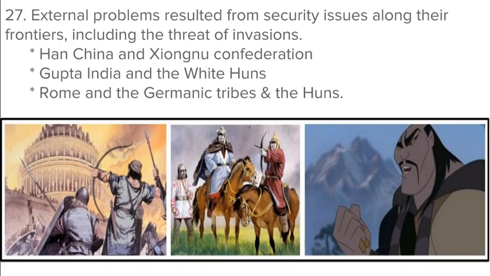So, for example, the Chinese are going to be attacked and constantly fighting and eventually invaded by the Xiongnu, right, which are these nomadic people from Central Asia. The Guptas will be attacked and overrun by the White Huns, and the Huns, along with the Germanic tribes, are going to overthrow or overrun the Roman defenses. So external issues brought problems as well to these large empires.